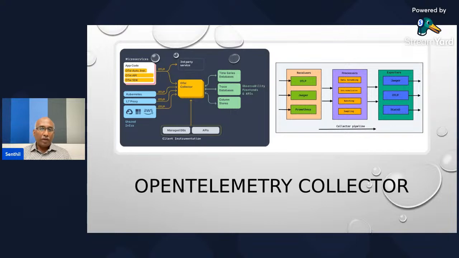Okay, and here you can see that the communication from the application code towards either the OpenTelemetry Collector or the backend is via something called the OTLP protocol. OTLP is nothing but the OpenTelemetry Protocol. This is a protocol specification which is based on gRPC, and this is specified by the OpenTelemetry specification itself.